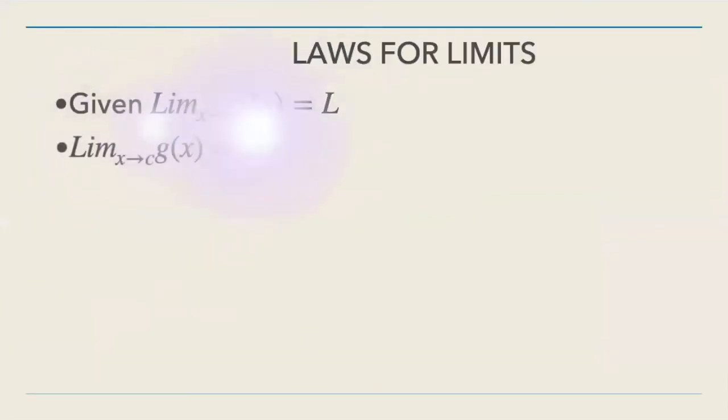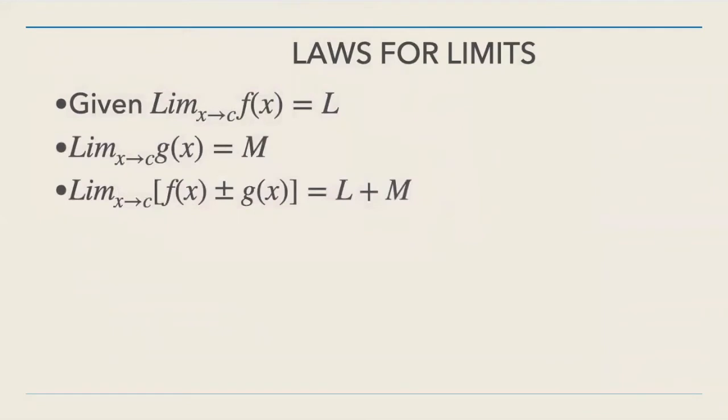Now, say for example, we have two limits. So you're given one that tends to L, which represents a number, and then you have another limit which represents M. Now, we have addition and subtraction of two functions, and it's approaching some value. What is that value?